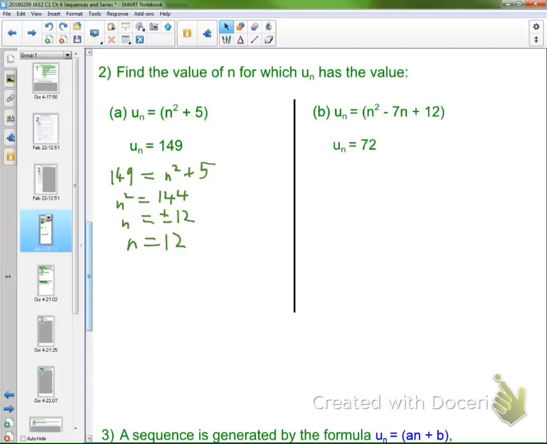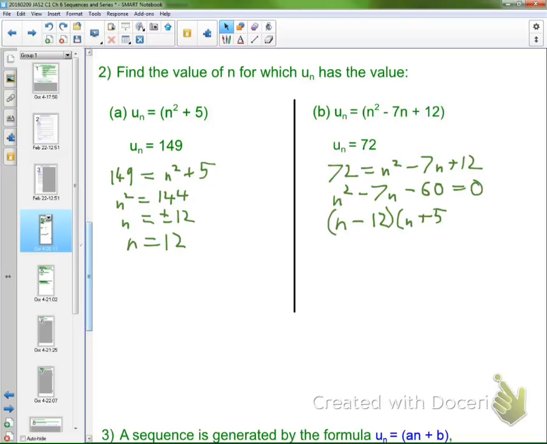Looking over at part B, we use a similar technique. So we have 72 is equal to n squared minus 7n plus 12. We want to subtract 72 from both sides. This leaves us with n squared minus 7n minus 60 is equal to 0. So we want to factorize this, and we can bring it down into n minus 12, n plus 5.